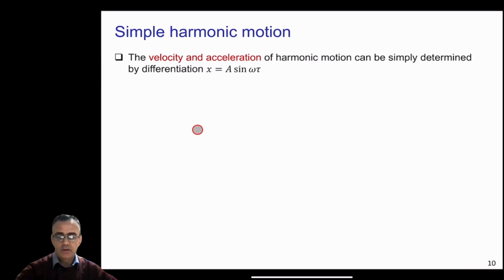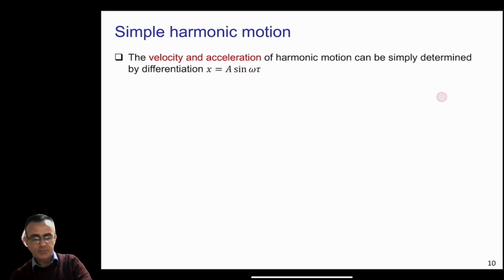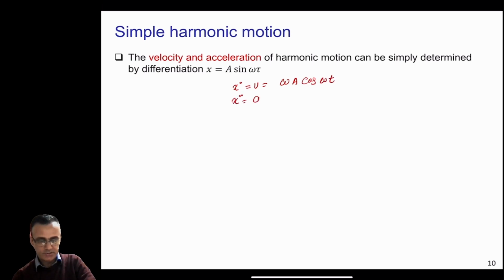So now the velocity and acceleration of the harmonic motion can simply be determined by differentiating this equation for the displacement with respect to time. So if you differentiate this equation, x dot is velocity, and velocity will become equal to omega a cos omega t, and then x double dot, which is acceleration, will become equal to minus omega square a sine omega t.